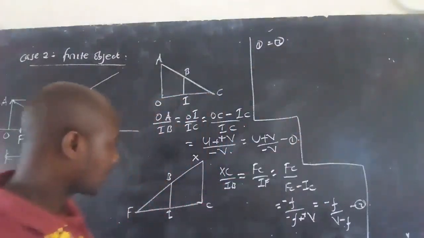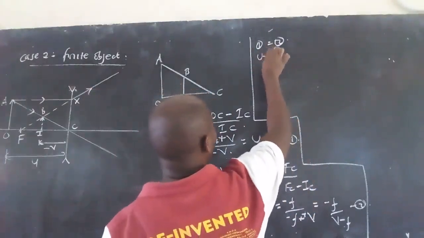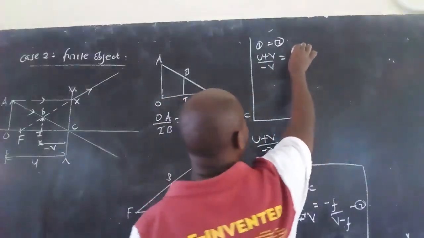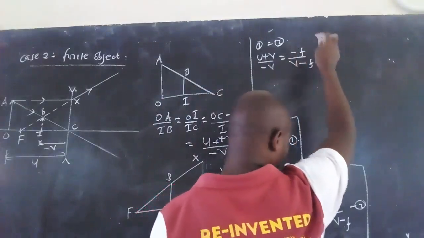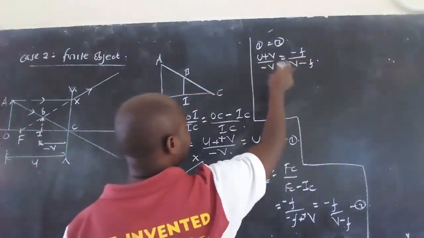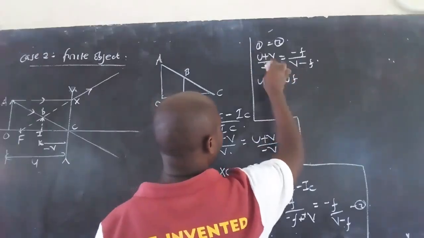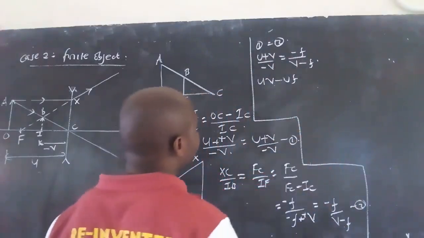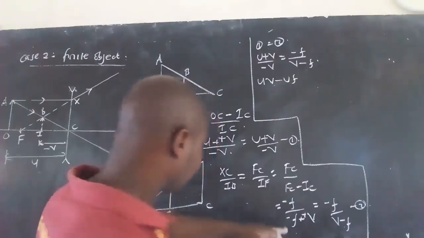Okay, so we substitute. We shall now say equation 1, U plus V over negative V, is equal to negative F over V minus F. Cross multiply. This is UV minus UF. Then plus this square. I think there was a mistake somewhere.